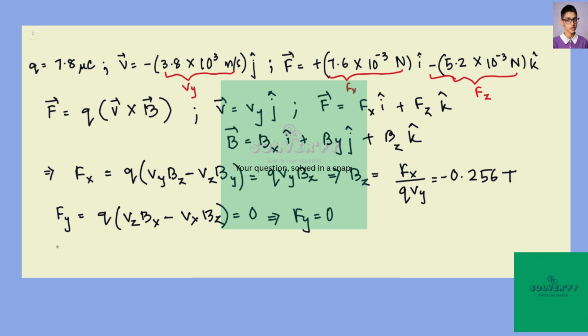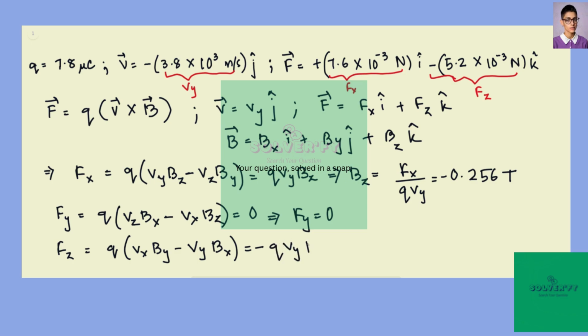is also 0. So we are going for Fz now, which is going to be equal to q times (Vx By minus Vy Bx). And from here, we know that Vx is 0, so this is going to be negative of Vy Bx.